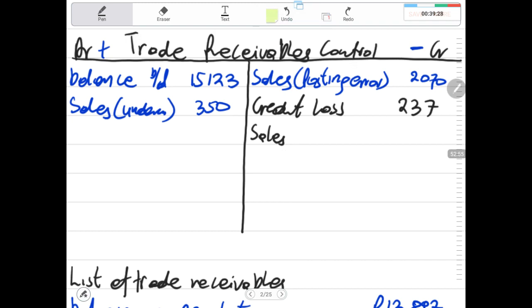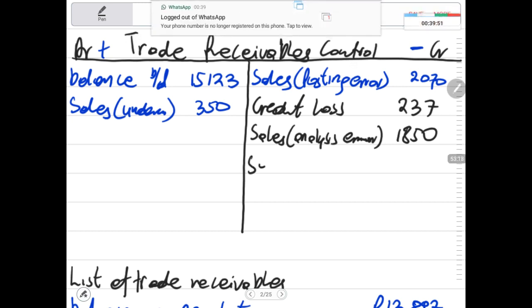In other words, our sales are overstated. They are more by 1,850, which is not supposed to be. So that is why we say sales and we say analysis error, because we analyzed here incorrectly by error.